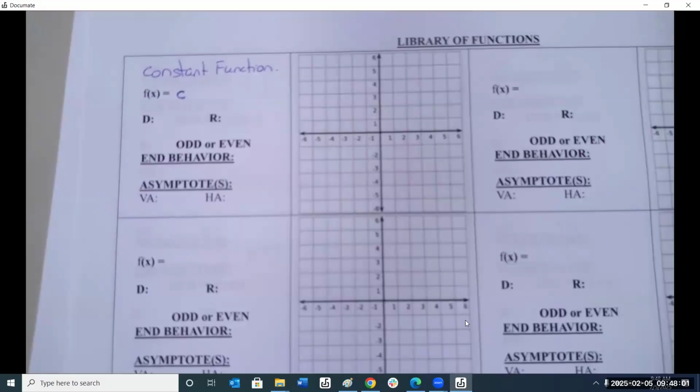Some of y'all may not have done that, which has thrown everybody off. So you need to have 4 sheets in total: one graph, one inequality, but 2 transformation sheets. And they have to be different, so make sure they're different.